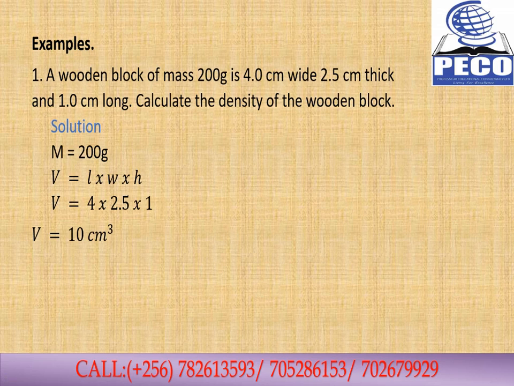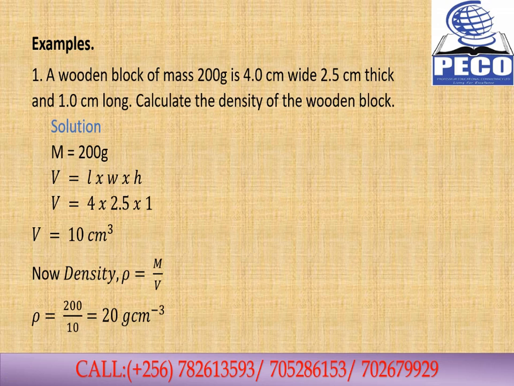Now this is our mass, and this is our volume. So what is our formula? You remember, density is equal to mass over volume. So divide the mass 200 by 10, and we shall be able to get 20 grams per cubic centimeter.